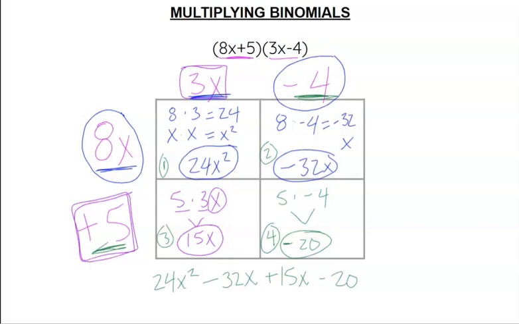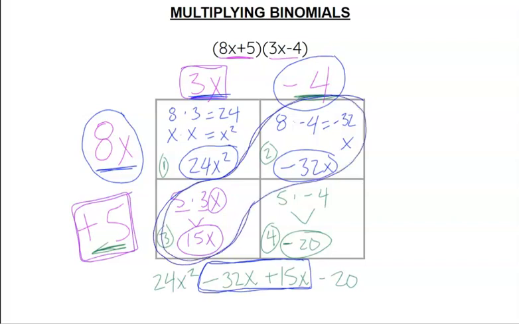Now, if you notice, we do have one pair of like terms. You can see them right here in the middle, negative 32x and 15x. They both just have the x variable, the same variable, raised to the same power, which makes them like terms. You can also see them in your box in this diagonal here. So any like terms in the box are going to be found in diagonals that go like this.